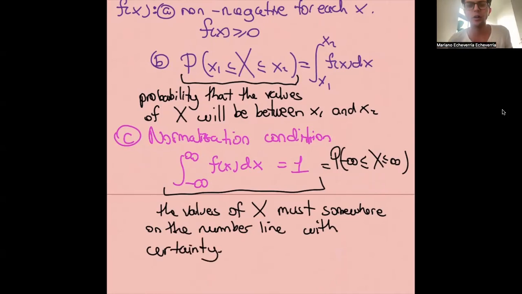Is that okay? So you'll see in a bit, sometimes we work with this improper integral. Sometimes the interval will just end up being a finite interval because you declared the density function to be zero outside the interval. So you don't really have to do the integral from negative infinity to infinity.